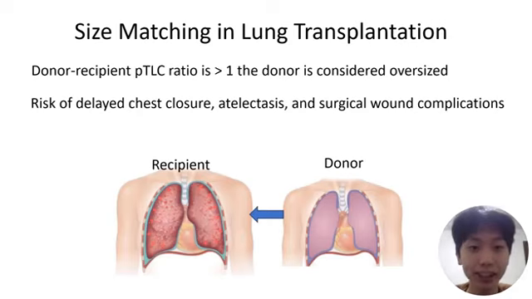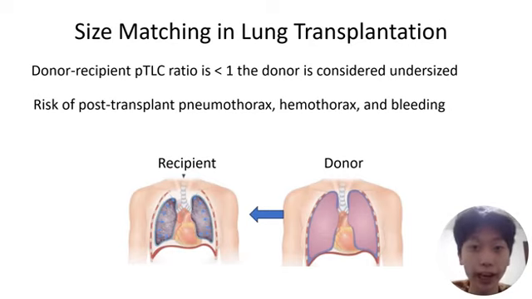In PTLC's practical application, the PTLC ratio of both the recipient and donor is compared to determine size matching. If this ratio between the donor and recipient is greater than 1, then the donor is considered oversized. In this scenario, where large lungs are transplanted into a small thoracic cavity, the risk of delayed chest closure, atelectasis, and surgical wound complications is significantly increased.